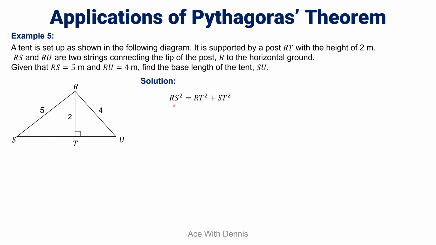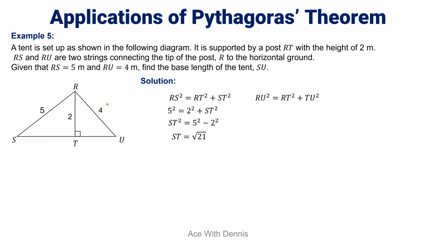So the equation becomes RS squared equals RT squared plus ST squared. We know RS is 5, RT is 2. So substituting, 5 squared equals 2 squared plus ST squared. So ST squared is 5 squared minus 2 squared, and ST is square root of 21.